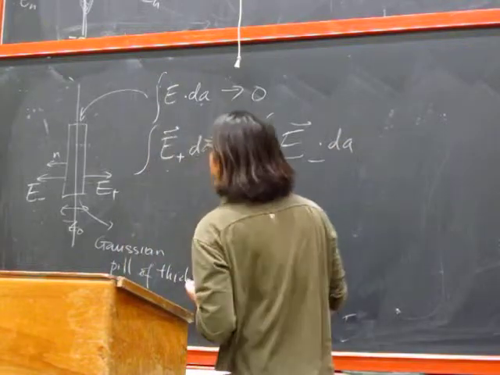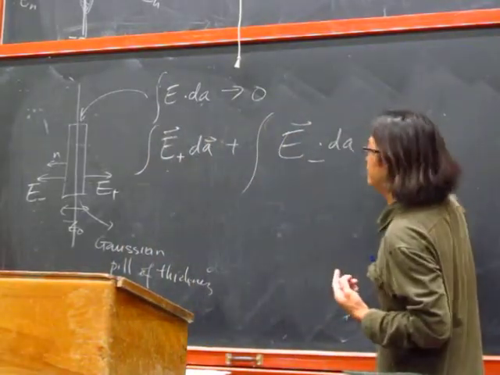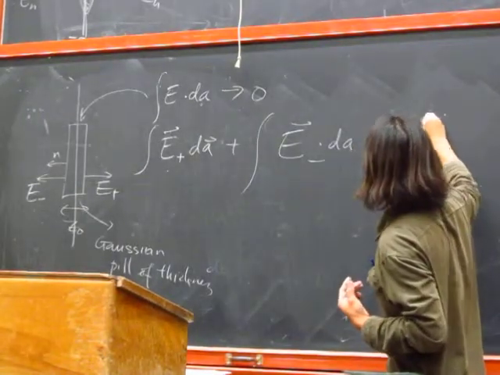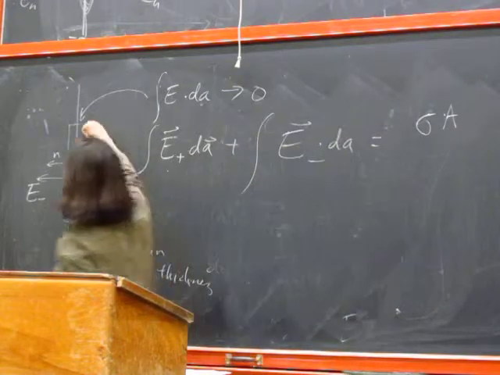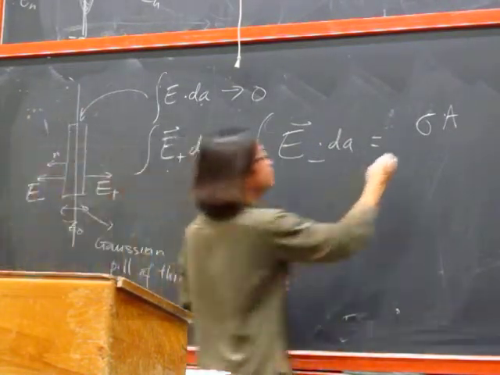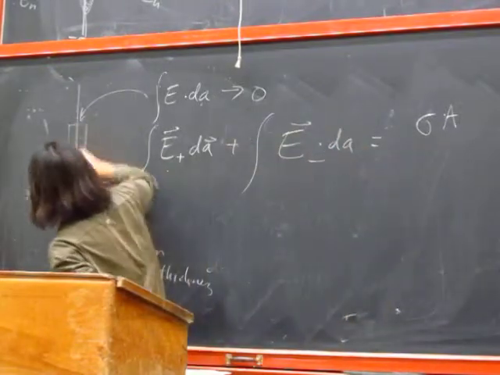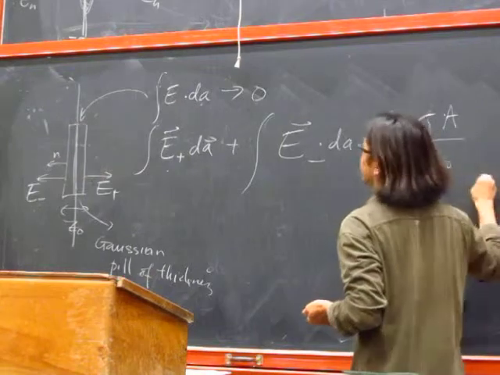This has to be equal to sigma times A, if I assume that the surface has a uniform surface charge density, divided by epsilon naught.